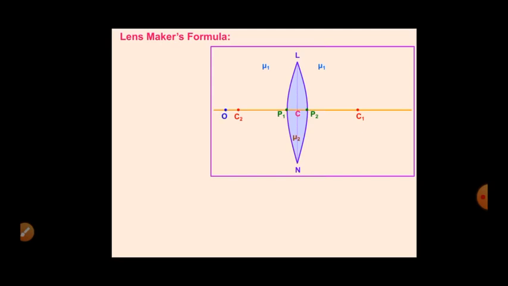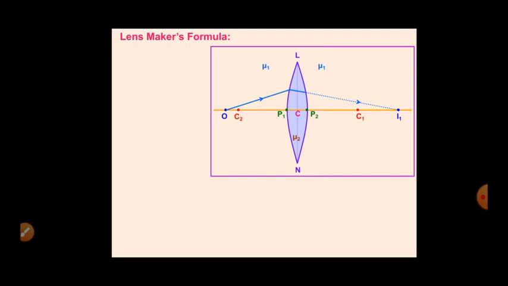Now suppose some object O is kept on the principal axis, as shown. Whenever light from that object falls on the first refracting surface, if we neglect the second refracting surface, then after refraction at the first surface it will form image I1.